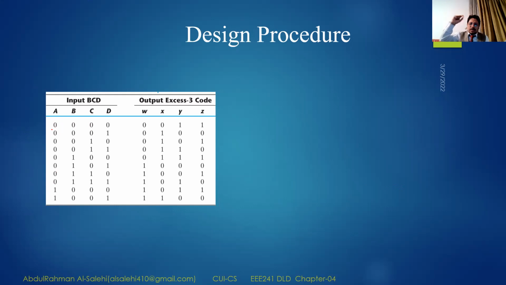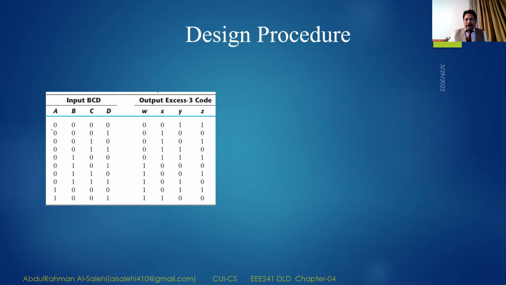So the digital representation of the decimal digits up to 9. After 9, it's not under the BCD. If it is greater than 9, we will see later on how to bring it to the place of BCD numbers.